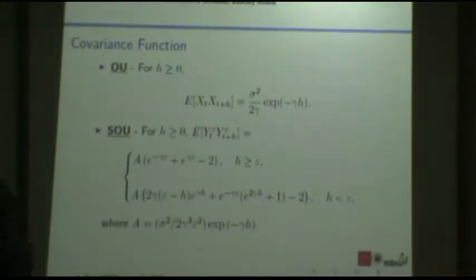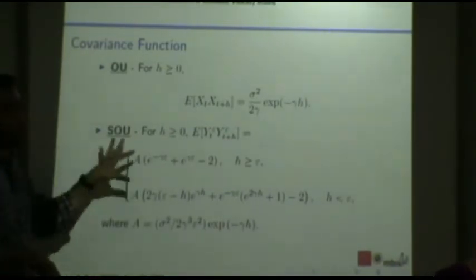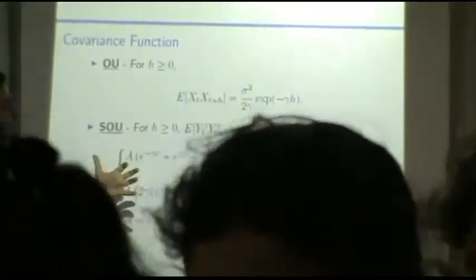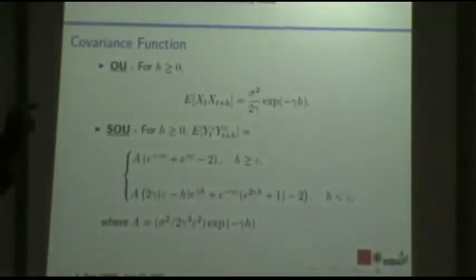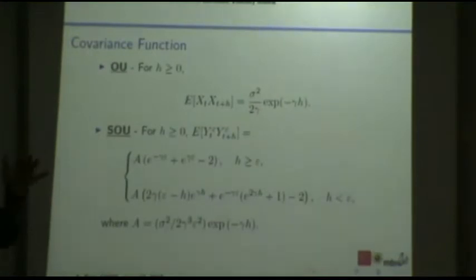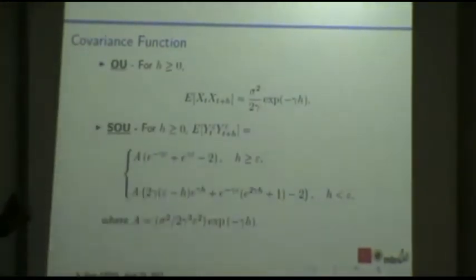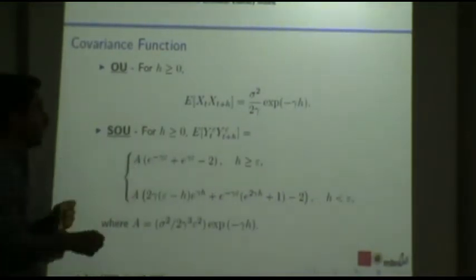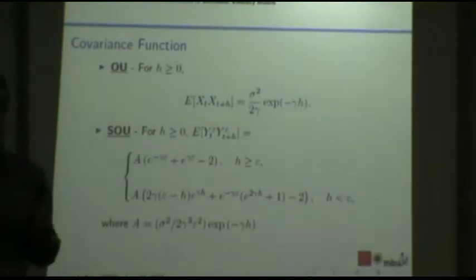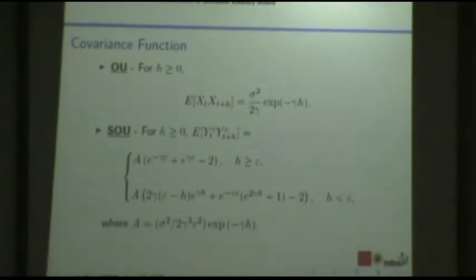It can be shown that if my covariance function is twice differentiable at lag 0, then the stochastic process is differentiable in the mean square sense. That is, in the L2 norm there is a derivative process such that the L2 norm of the difference converges to 0.